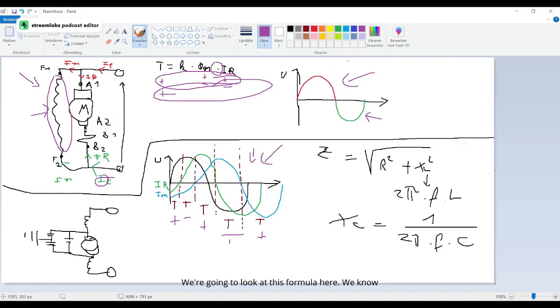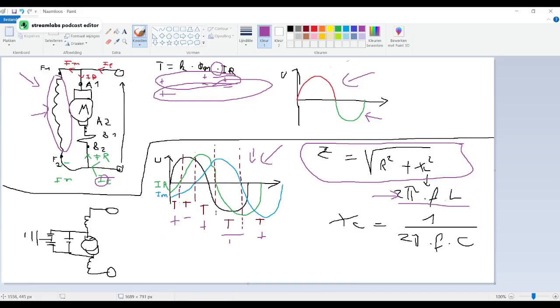First, we're going to look at this formula. We know our total impedance is going to be the square root of the resistance value of our inductor to the power of 2 plus the AC resistance of our inductor to the power of 2. And we know this is the formula for the AC resistance of our inductor.